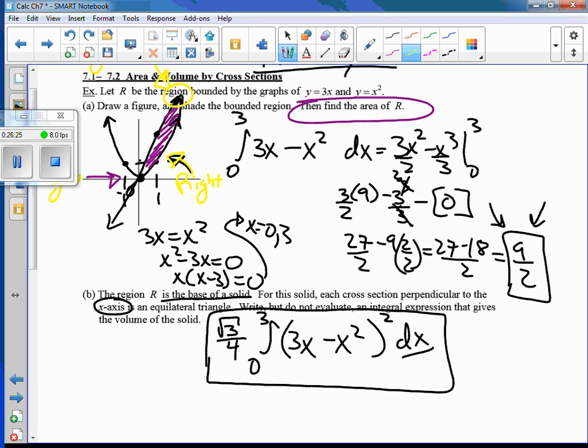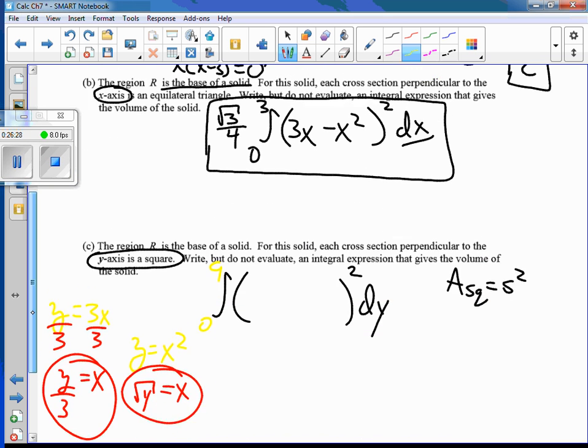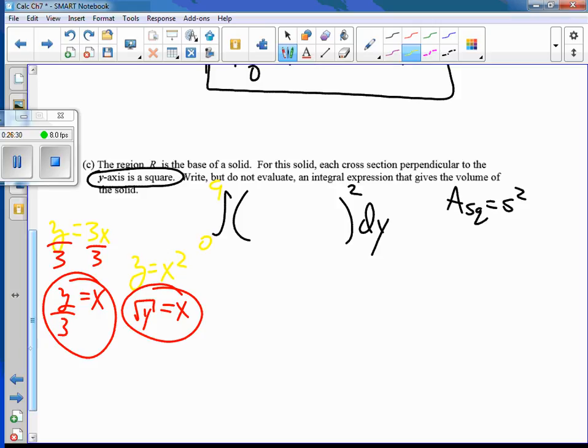So that one's going to go first, which is y equals x squared, which is now the square root of y. So square root of y minus the other one, which is y over 3. And so there you go. And it says write, but do not evaluate. And so there it is.